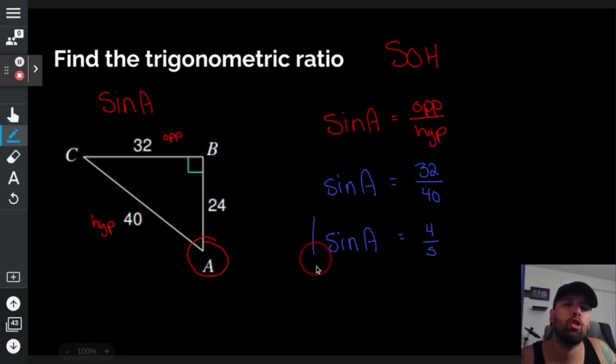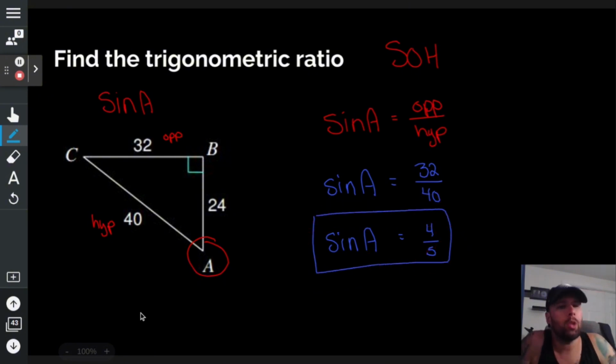So that's the trigonometric ratio. I didn't solve for any angles or anything like that. Usually when I give you a problem like that, if I'm asking you to find the sine of something, the whole goal is to find out what the measurement of that angle is. Not yet. Soon enough. Be patient.